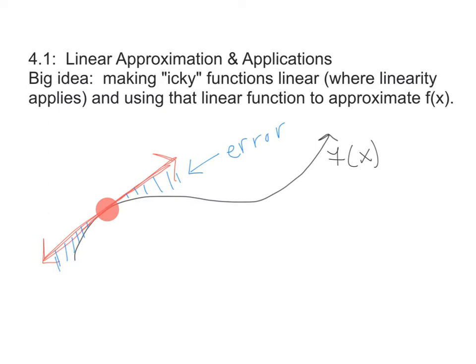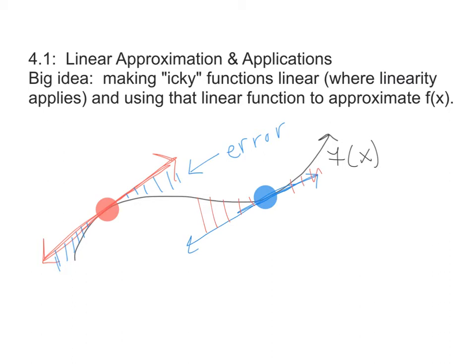Let me do this one in blue. Let's say I was interested in that zone now. Then I would do another linearization. The line function on this doesn't work very well. So that would be another linearization where now the error I've got is there, all of those icky spots.